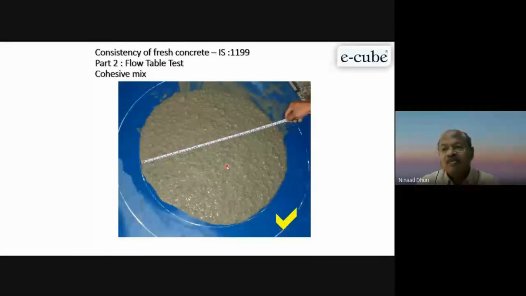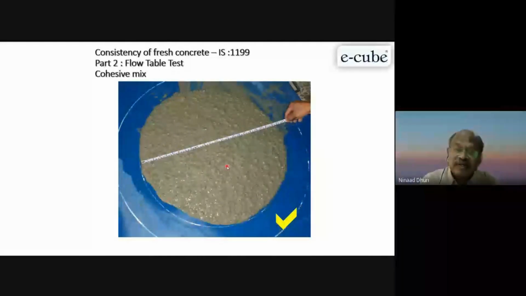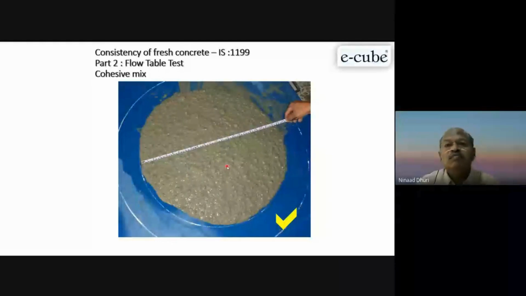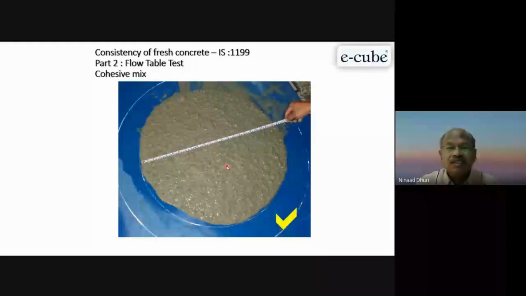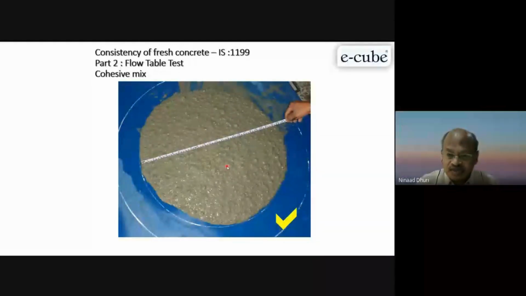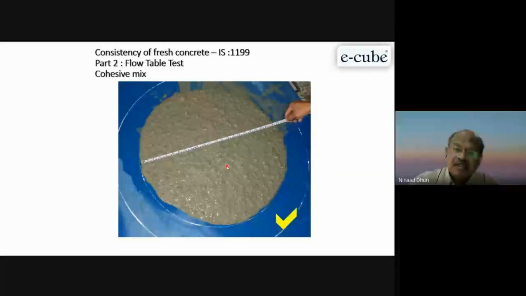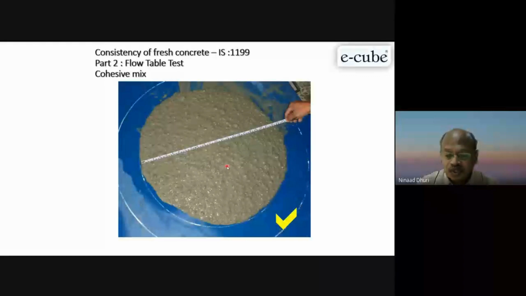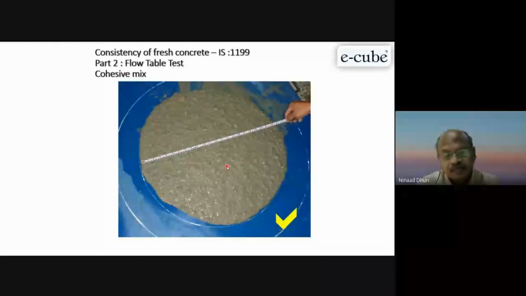Suppose I want 500 or 550 plus minus 50 mm at the placing point, and your RMC plant is located maybe 2 or 3 hours from your project site. After 3 hours, once you receive the concrete, it should remain workable for another 45 minutes required to empty your transit mixer.